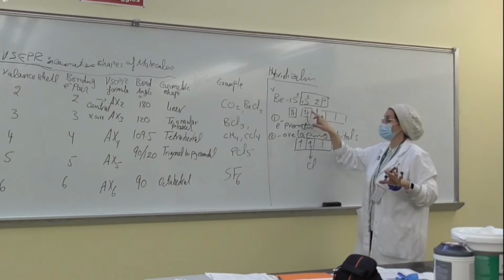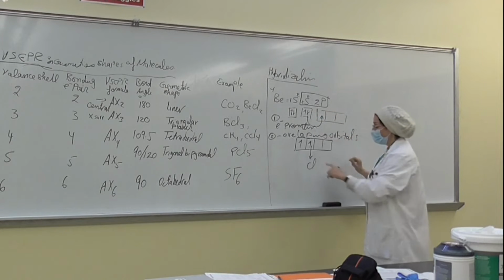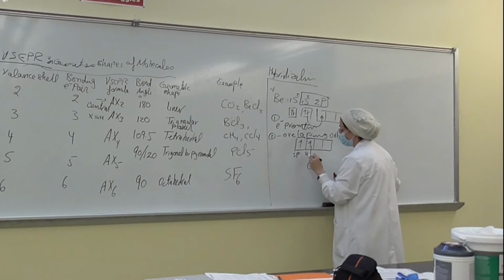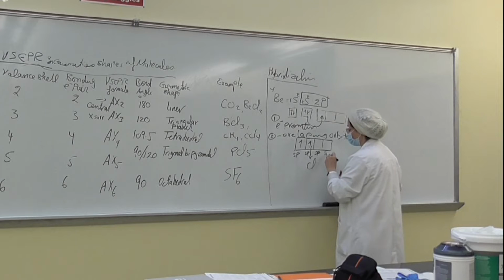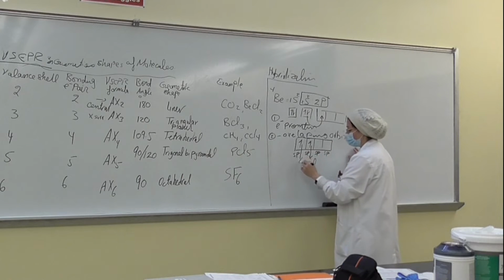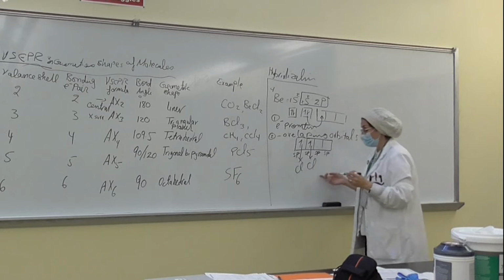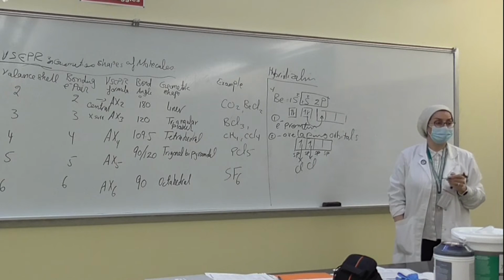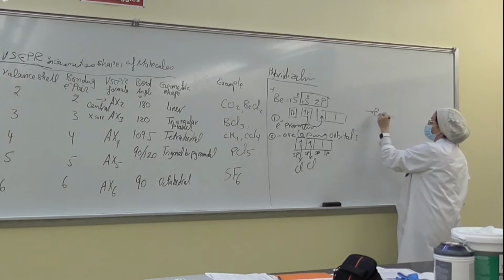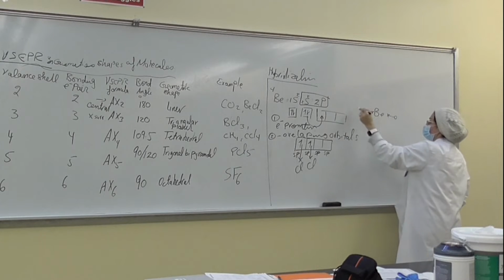It's no longer just s, it's no longer just p. Every single one of those orbitals will be called sp, sp, sp, and sp. We have two missing. In other words, sp doesn't have any, but those two are going to be accommodated. And that's why beryllium will be able to accommodate those 2 Cl.